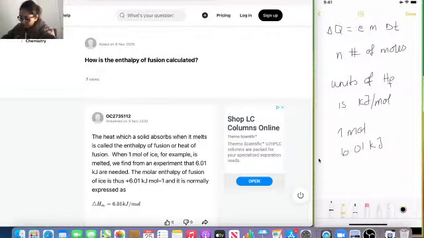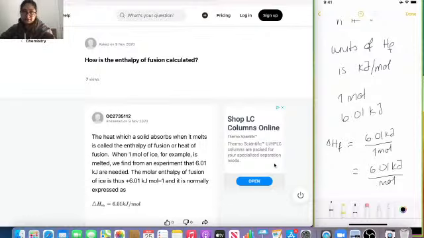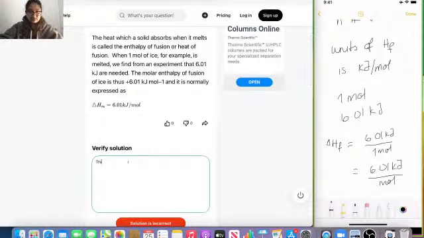So we can just plug this into the equation: delta HF is 6.01 kilojoules over 1 mole, so this would be 6.01 kilojoules per mole. So this is what enthalpy of fusion is, and yes, this is correct.